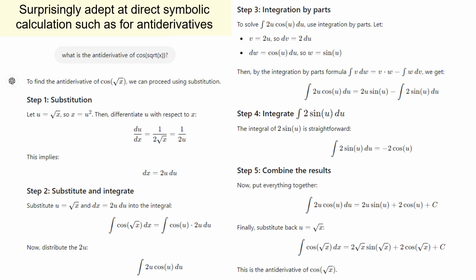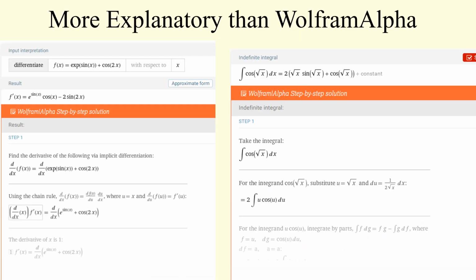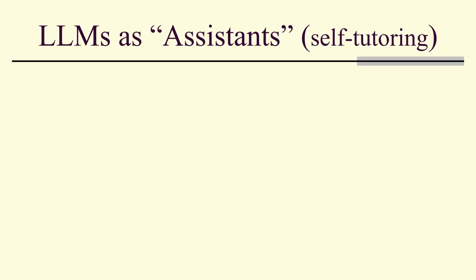It is done using a substitution, and you have to do some algebraic manipulation within that substitution. And once you get done, you have the antiderivative. Now ask it to differentiate and make sure it's the right answer. It's more explanatory than Wolfram Alpha, which does the same thing, but without the nice conversational explanations.